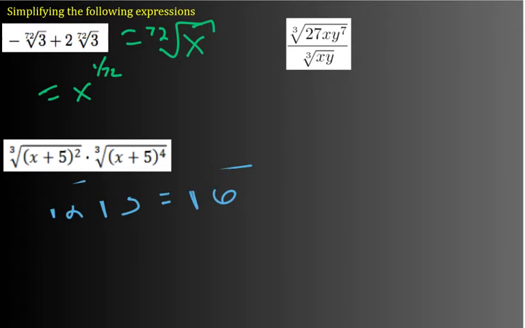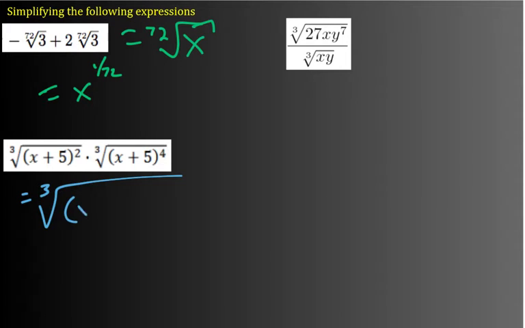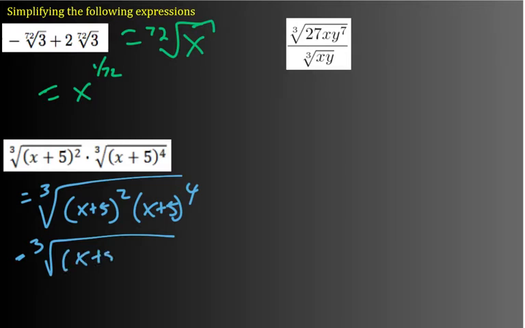I'm basically going to use that to get started. So I'm going to combine my cube roots, and I have x plus 5 squared times x plus 5 to the 4th, which is 6 of these x plus 5s, right? And then if you cube root x plus 5 to the 6, it's like doing 6 over 3 there.